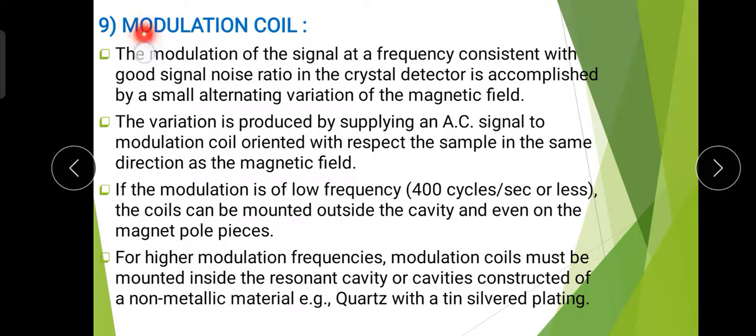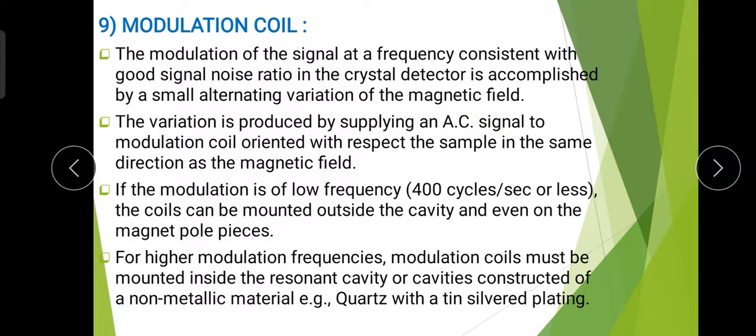Next component is the modulation coil. The modulation coil is used to control the frequency. The modulation of the signal at a frequency consistent with a good signal to noise ratio in the crystal detector is accomplished by a small alternating variation of the magnetic field.